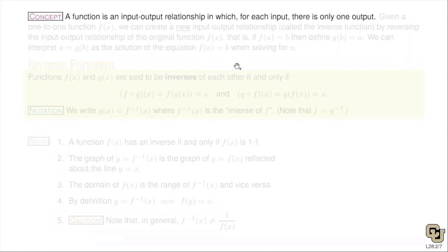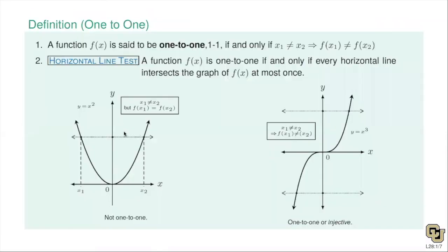So remember the definition, and that's because of the definition of a function. A function specifically is an input-output relationship in which for each input, there's only one output. And so for a function that's not one-to-one, if we try to reverse the relationship, we don't get that unique output for each input.